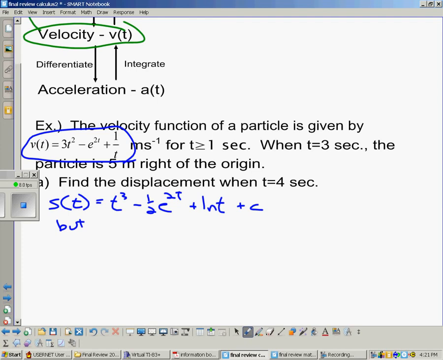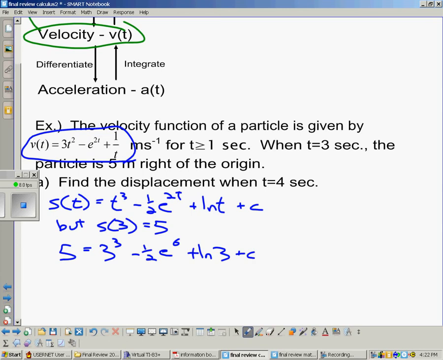When t equals 3 seconds, so s at 3, we're 5 meters right of the origin. So we're going to assume that means positive 5 in terms of our displacement. Okay, that gives us, let's sub them in, 5 for s at t, 3 to the power of 3 minus a half e to the 2 times 3, or e to the 6, plus ln 3 plus c.